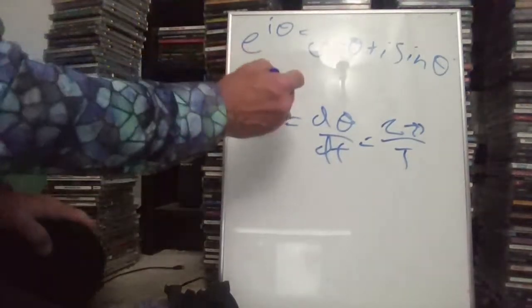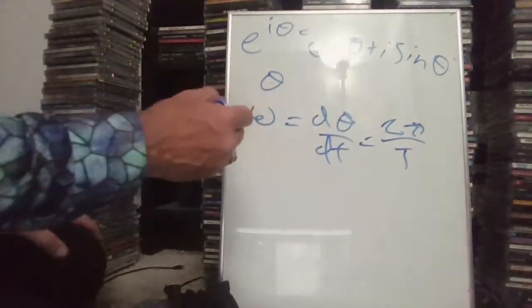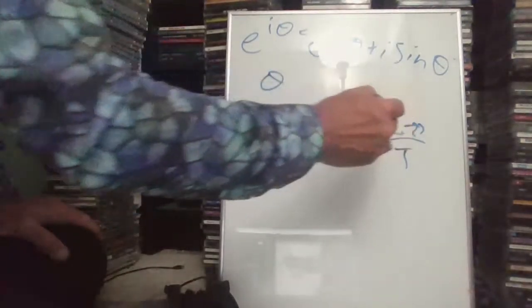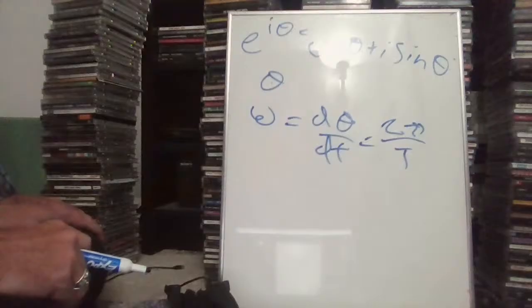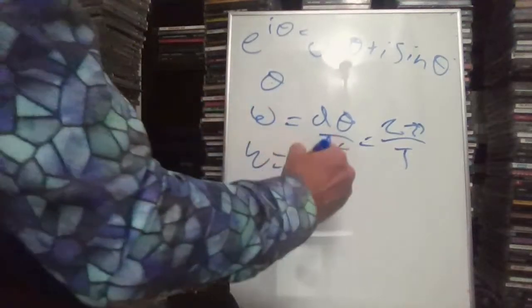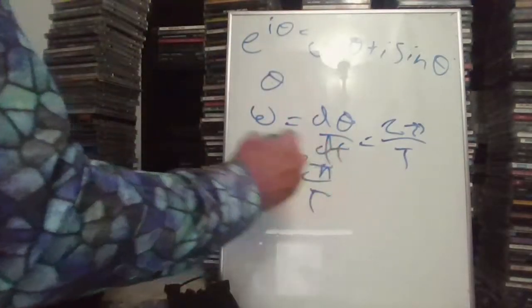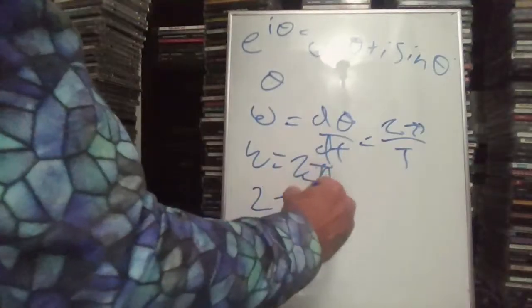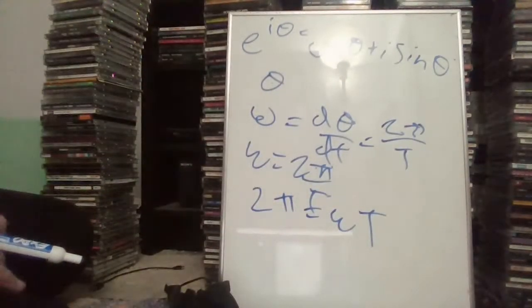If omega equals 2 pi over t, then theta, which is the angle, cross multiplying, which is kind of a silly thing to say though, is omega t.